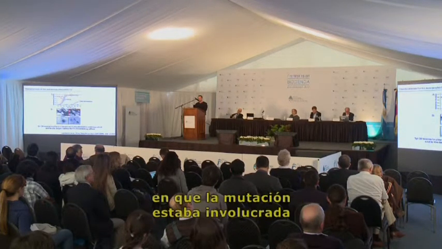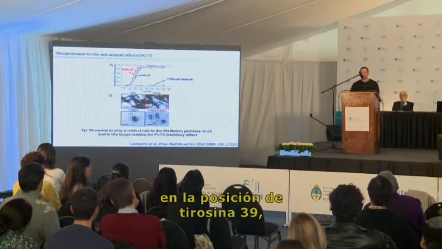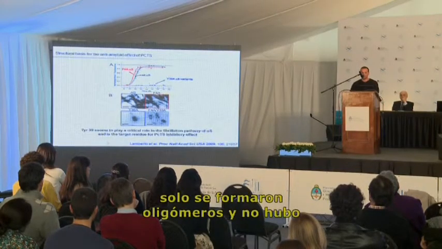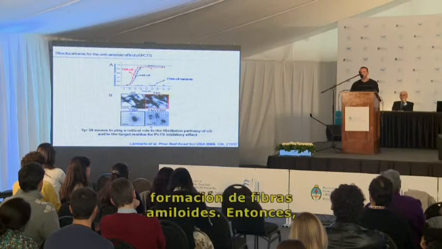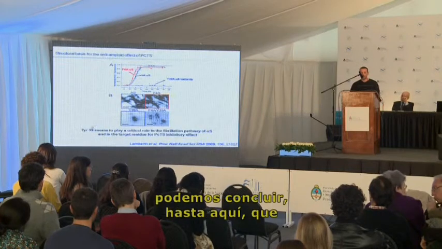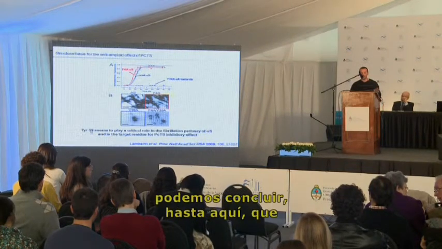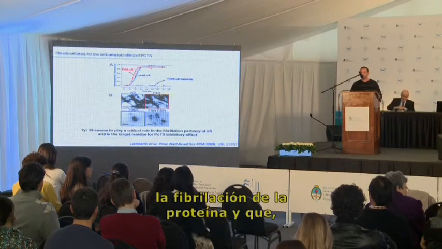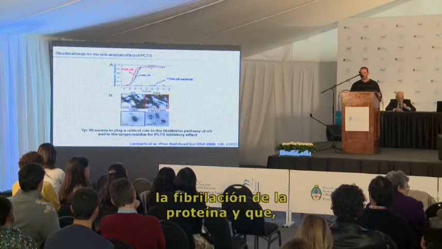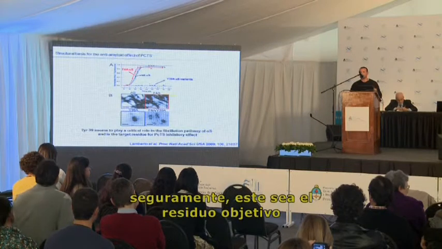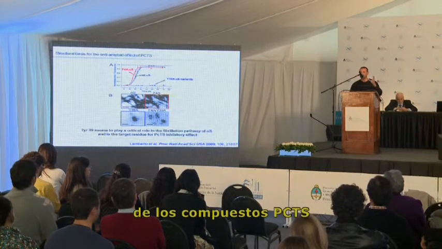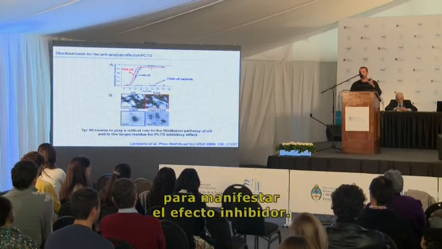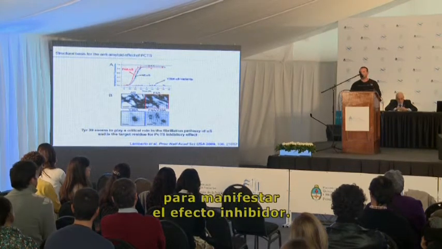But in those cases where the mutation involved the tyrosine at position 39, only oligomers were formed, and there was no formation of amyloid fibers anymore. So we can conclude from here that tyrosine 39 seems to play a critical role in the fibrillation pathway of the protein, and that this is surely the residue that is being targeted by the PCTS compound to exert its inhibitory effect.